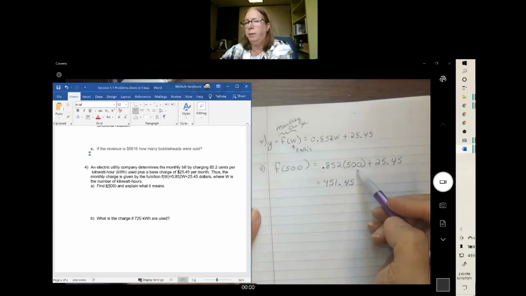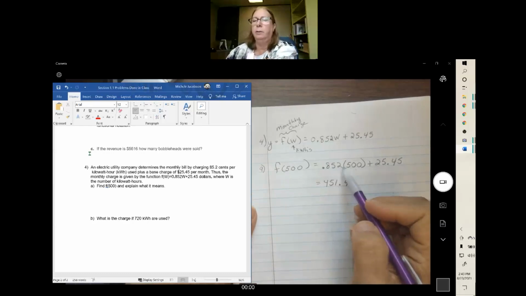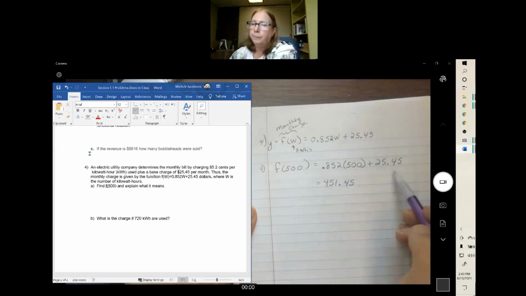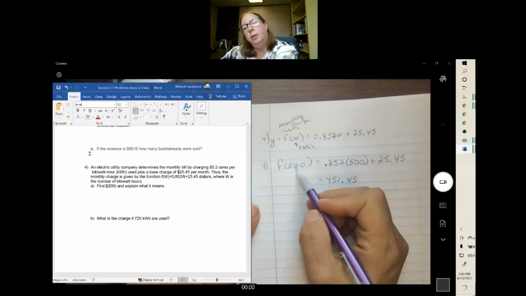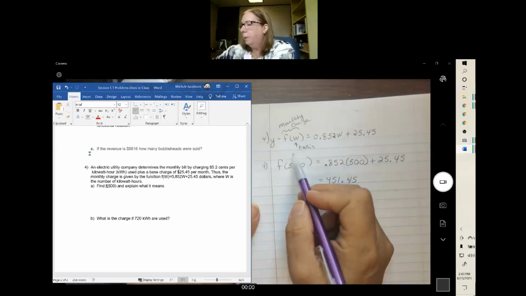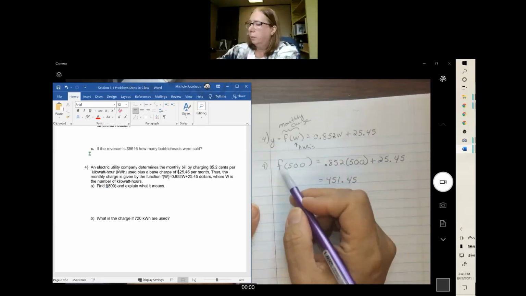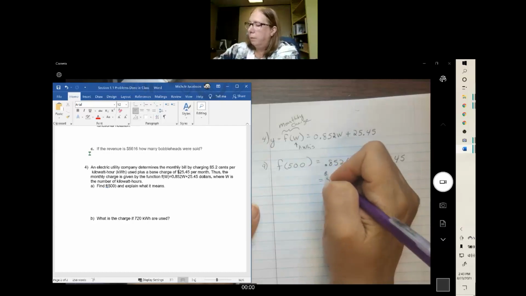So we're plugging it in here. These two are multiplied, and then you add this one, and you should be able to enter it all at once in your calculator. This is our kilowatt hours. This whole thing is the monthly charge.